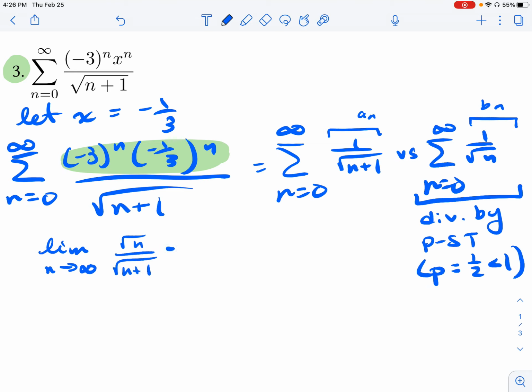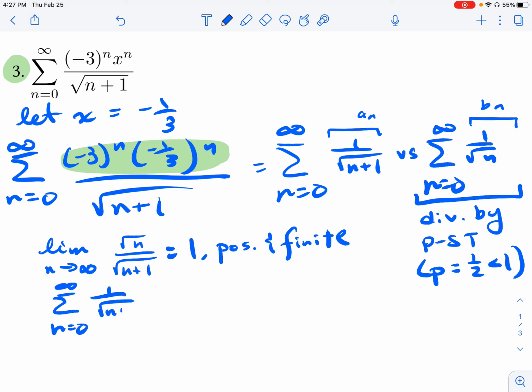Either way, the limit of this is going to be 1, which is both positive and finite. So we've established that this series here is going to do the same thing that our helper series does. Also diverges by the limit comparison test.